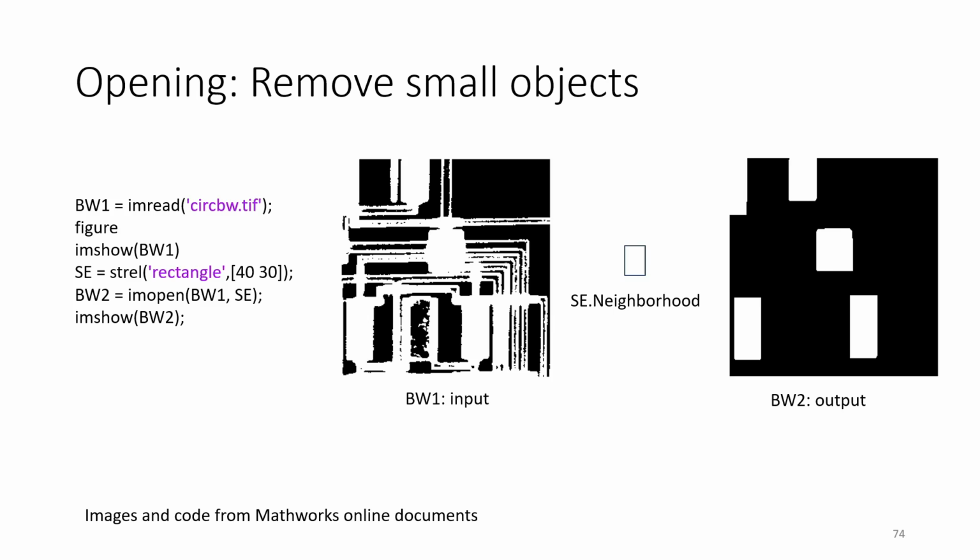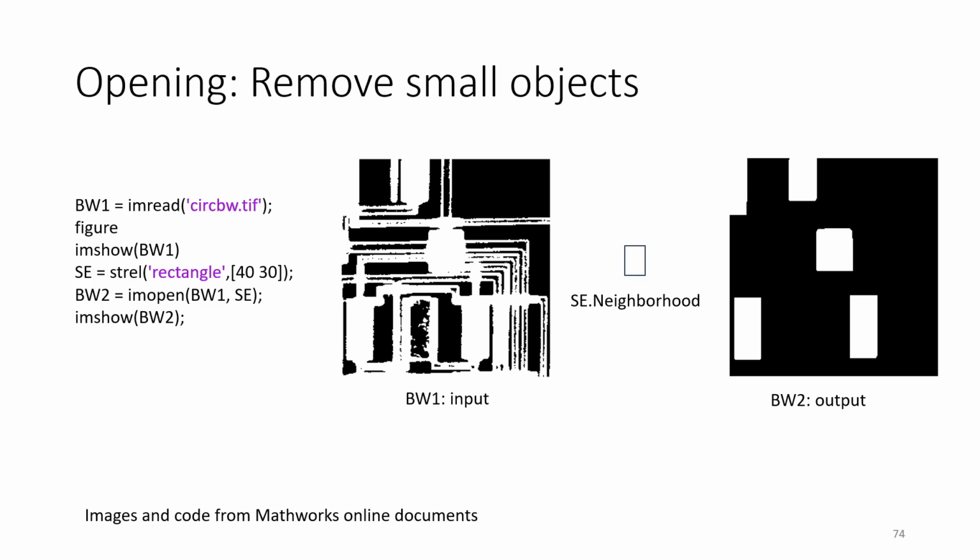So this is circuit black and white. And I create a structure. The structure is a square patch. The size is 40 by 30. It is a rectangle size. And then I use opening. Then this is the output result.